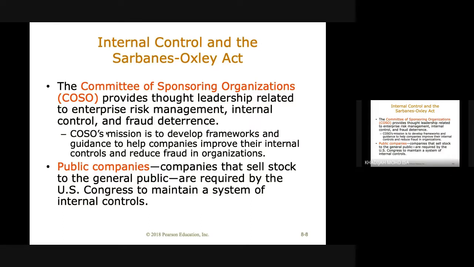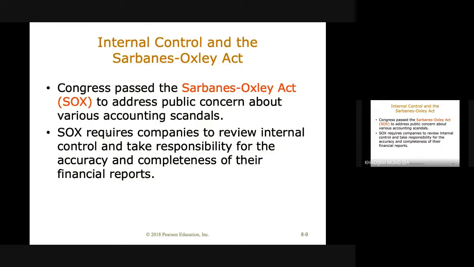Public companies, companies that sell stock to the general public, are required by the US Congress to maintain a system of internal control. Congress passed the Sarbanes-Oxley Act. I think maybe this one is US or UK, yeah, SOX. To address public concern about various accounting scandals, SOX requires companies to review internal control and take responsibility for the accuracy and completeness of their financial reports.